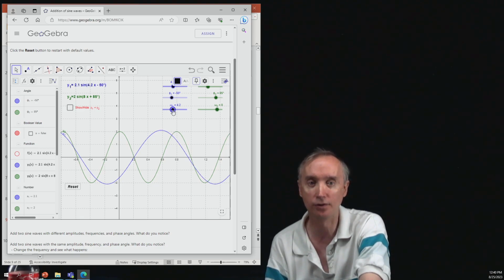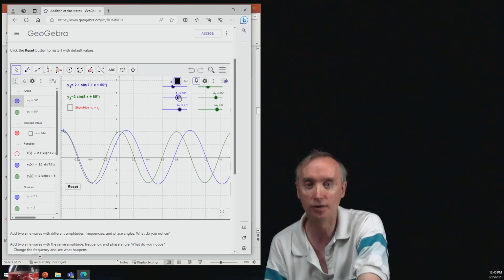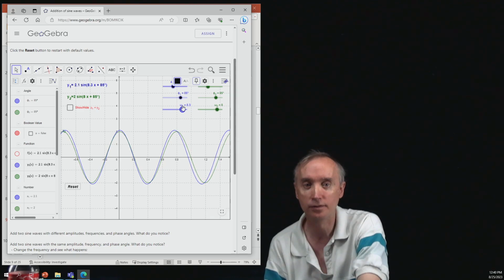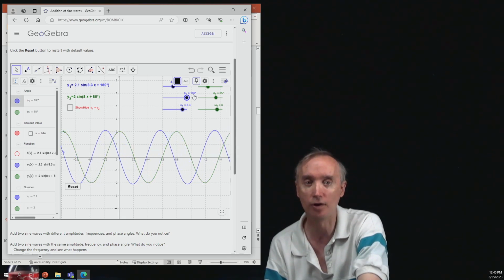But what I can do is take this wave and move it so that it is right there. Ooh, that was pretty good. So I move it right there, and now I can change its frequency so that the two of them have the same amplitude and both have the same frequency. Now I can move it off of it like this.